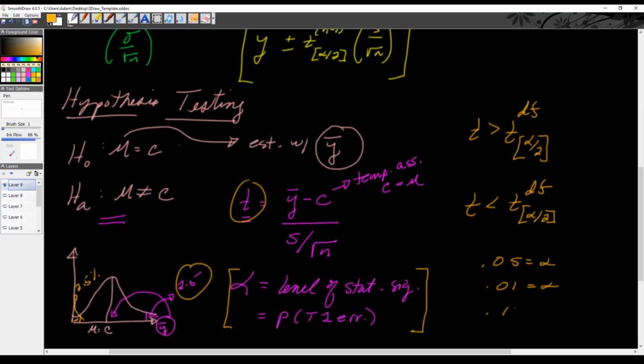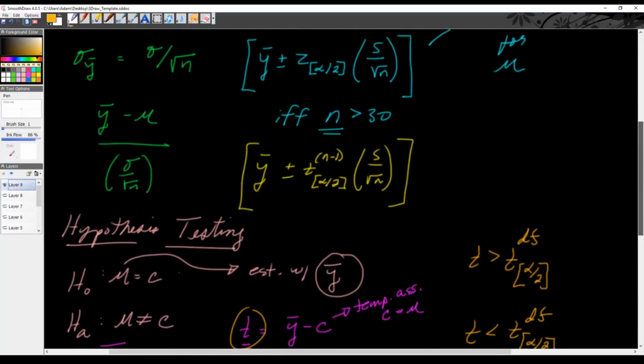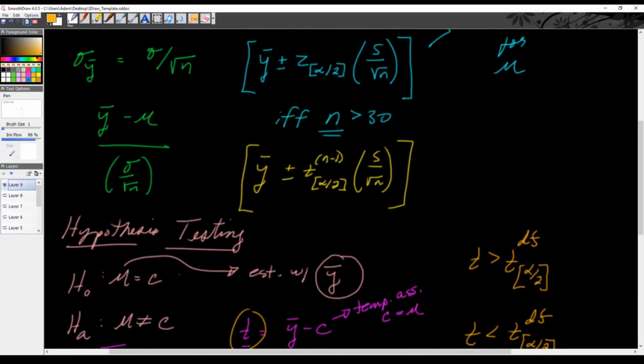Sometimes for certain problems, we might set alpha equal to 0.1. All right, so recall that if the population sampled is normally distributed with mean mu, then the population of all possible values of y bar minus mu, divided by the sample standard deviation divided by the square root of n.